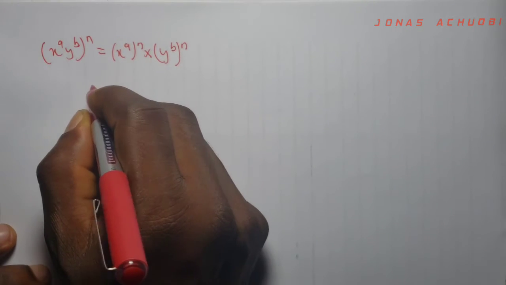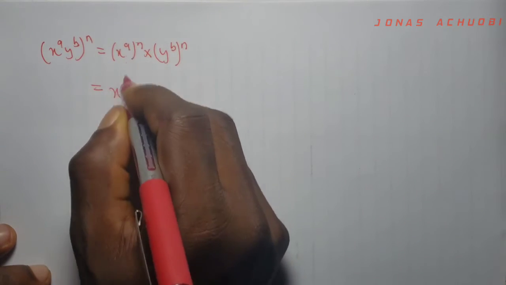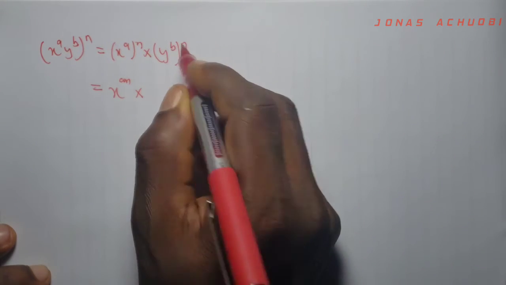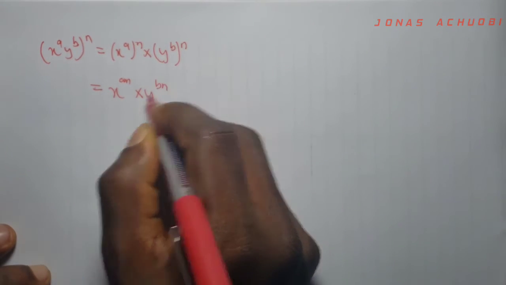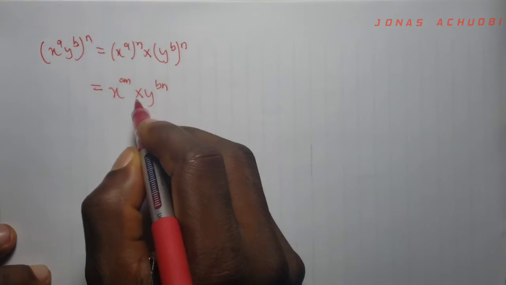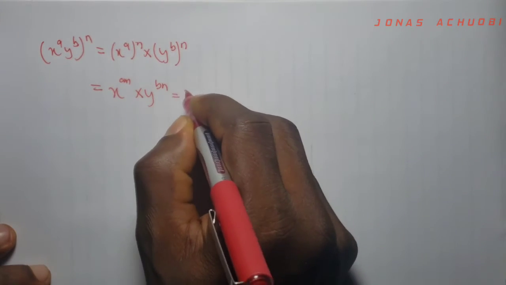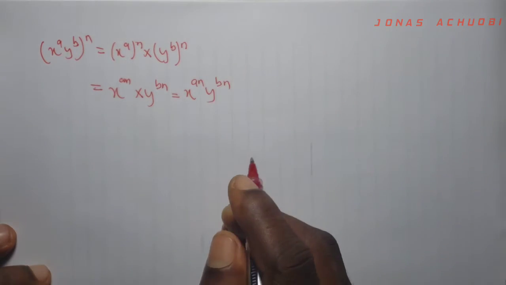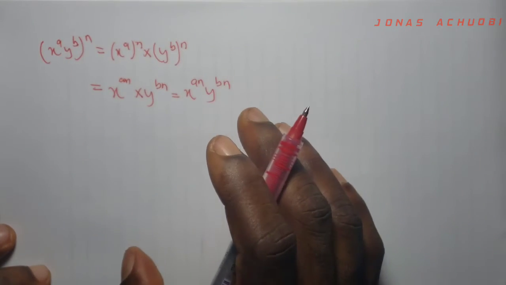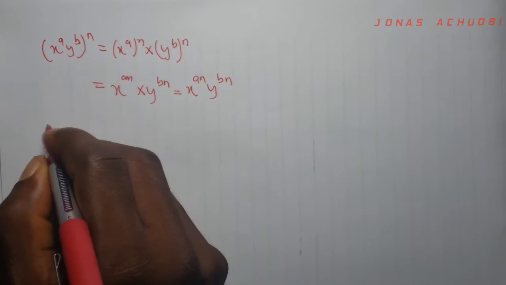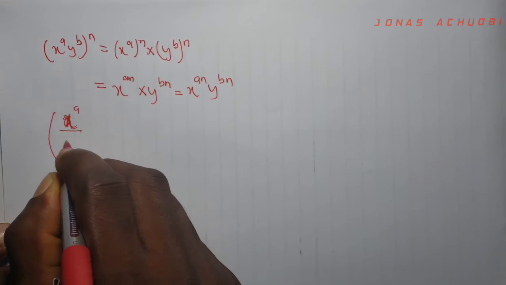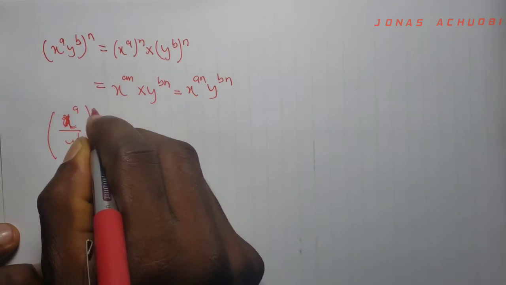So this simply means we can write this as x raised to power a times n, which is an, times b times n, which is what? bn, or nb. We can simply write this as x raised to power an, y raised to power what? bn. We've applied the same power law. This law also applies if we are dividing. x raised to power a, for example, divided by y raised to power b, all raised to power n.